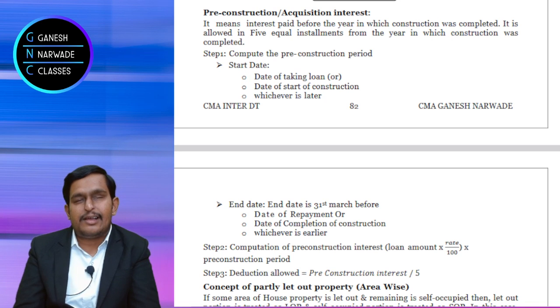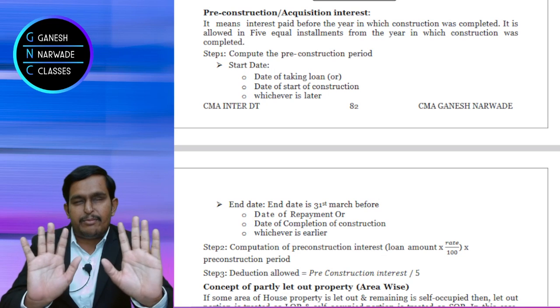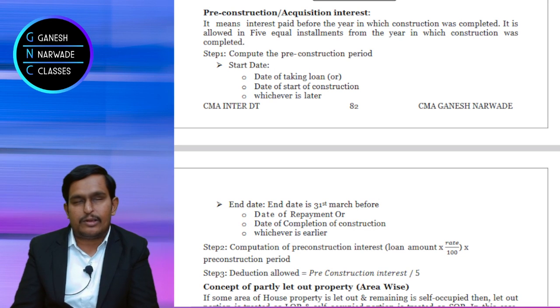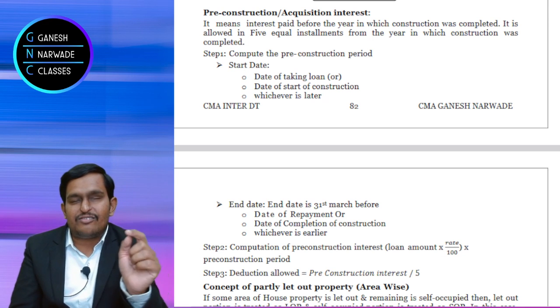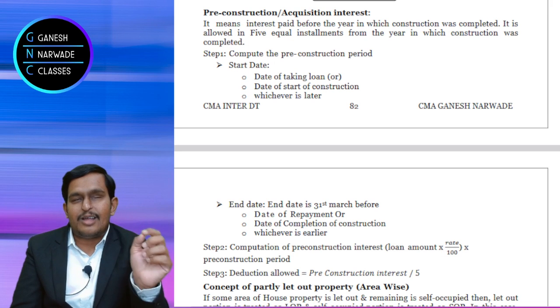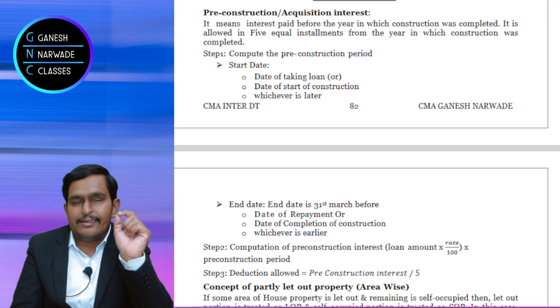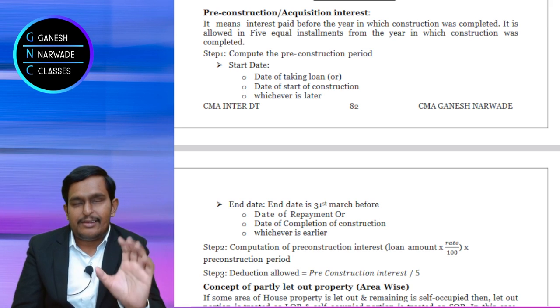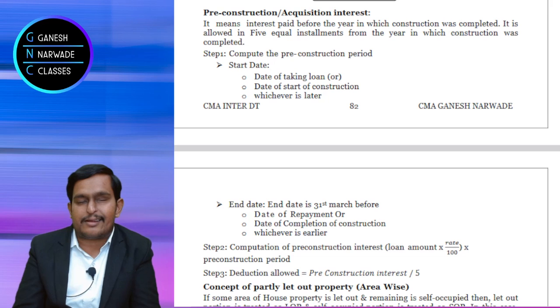It has a start date and an end date. The start date is the date of taking the loan or the date of start of construction, whichever is later. Of the 2 dates, whichever is later is the start date for the pre-construction period.